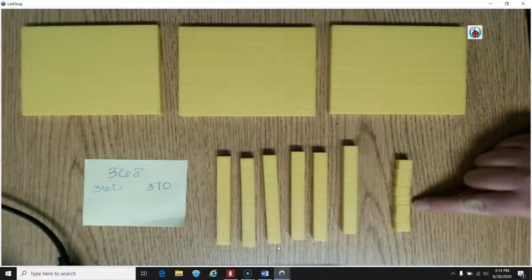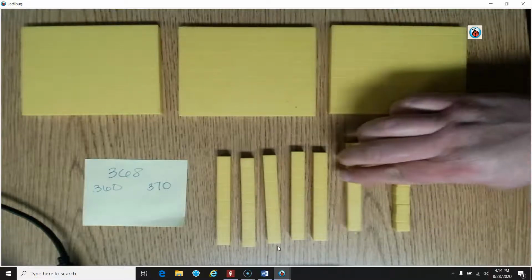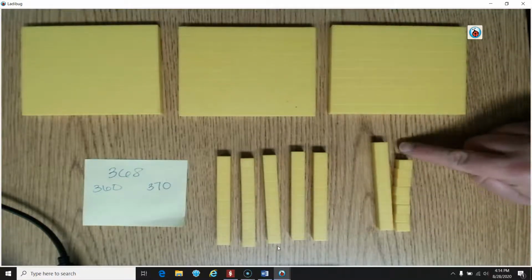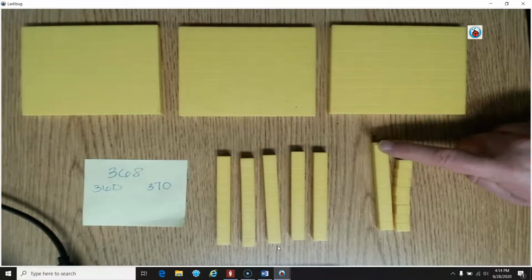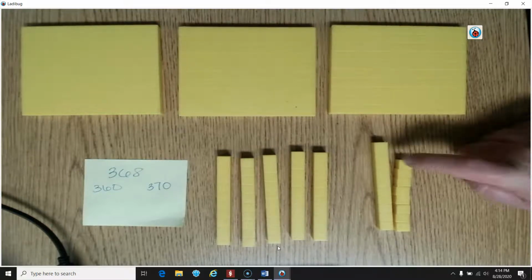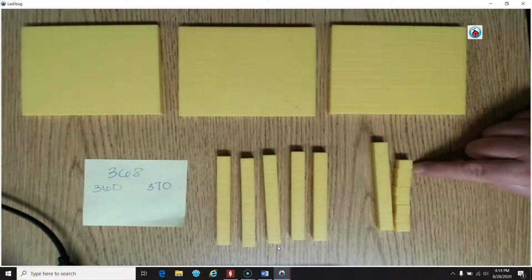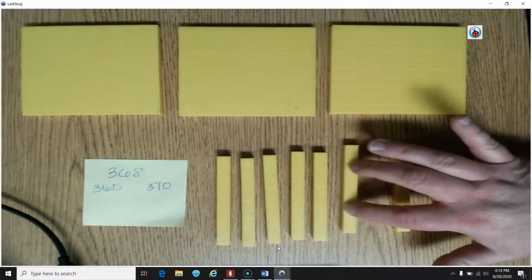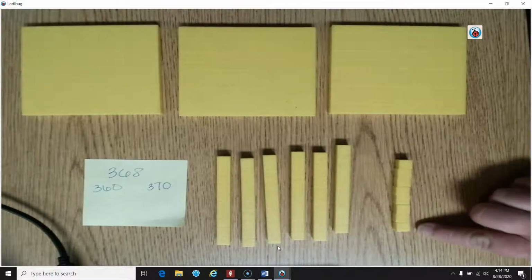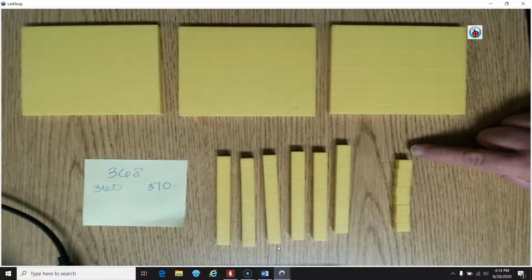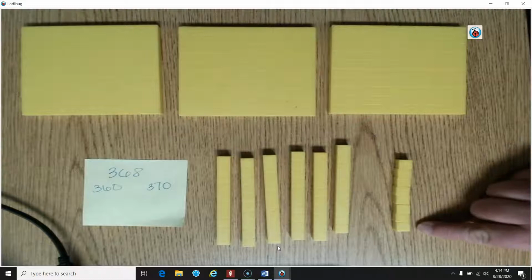So if I have 8 ones, I'm noticing if I put this 10 right next to it, I only need 2 more ones to have another 10. So this seems pretty close to making a new 10. If I wanted to go back to this 10, I would have to take away 8 ones. So I'm thinking it's going to be easier to add 2 ones to make a new 10 than to take away 8 ones to go back.